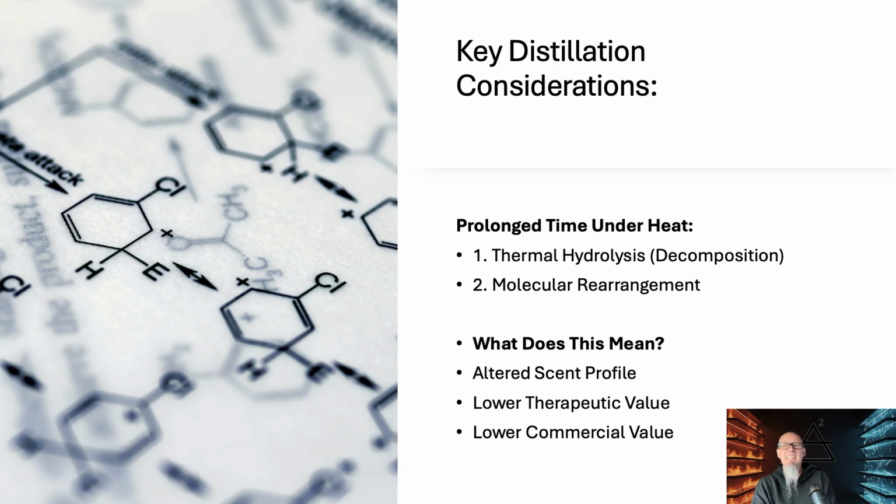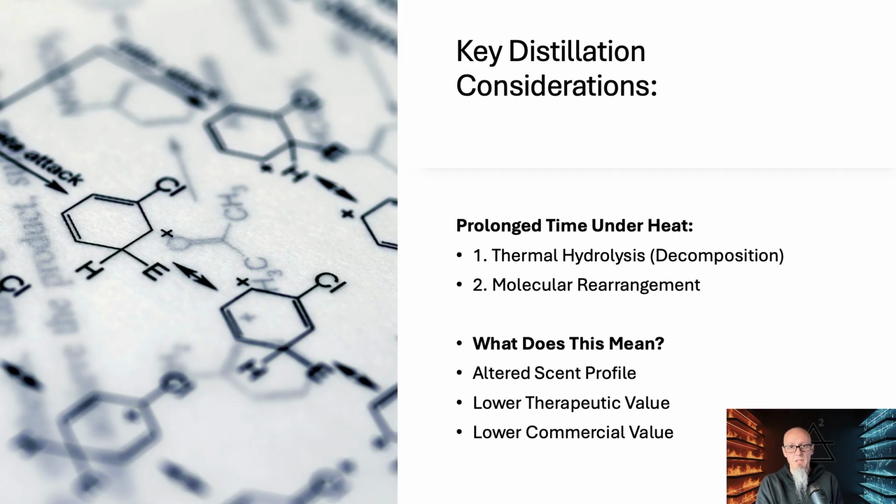Okay, here are the key considerations with any plant extraction, chemical extraction out of plants or really anything. Okay, thermal hydrolysis or decomposition. So at 100 degrees Celsius, the combination of heat, water, and the natural plant acids will typically hold a pH somewhere between 5.5 and 6.5.